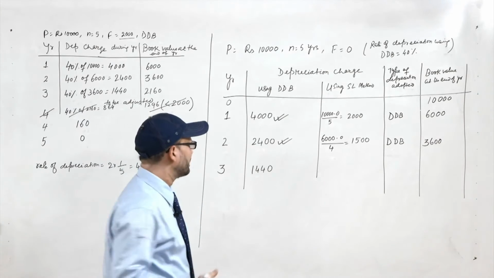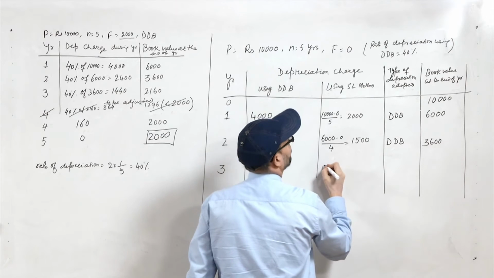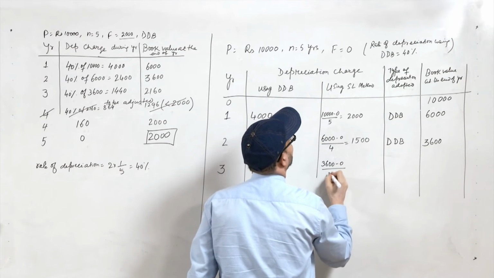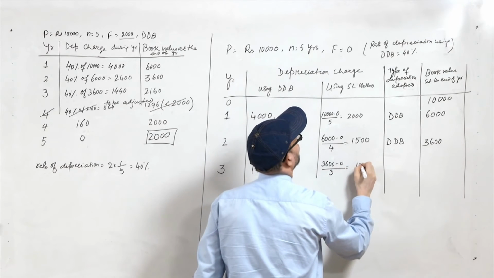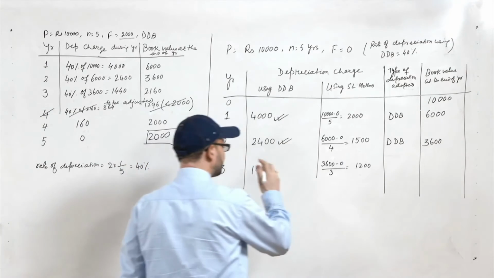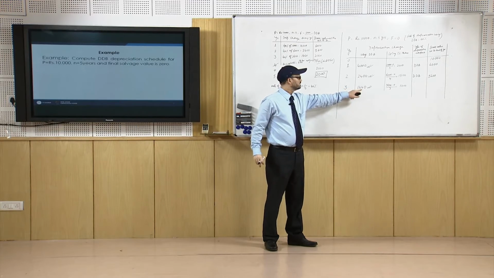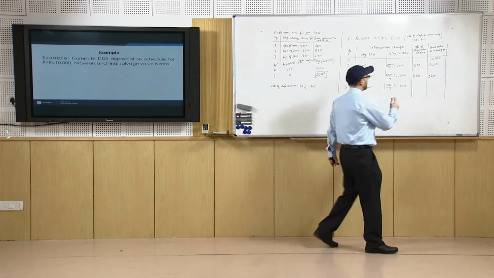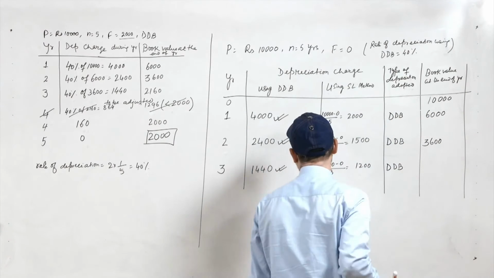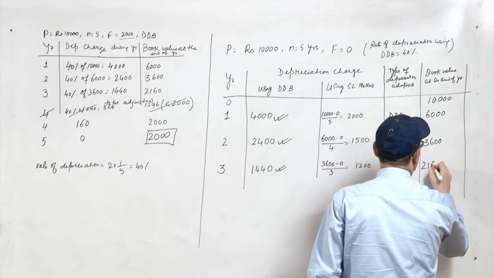So, using straight line method, your amount of depreciation will be 3,600 minus 0 by 3, that is 1,200. So, we still see that the amount of depreciation using the DDB is still larger, and that is why we will further go to DDB, and our book value will be 2,160.